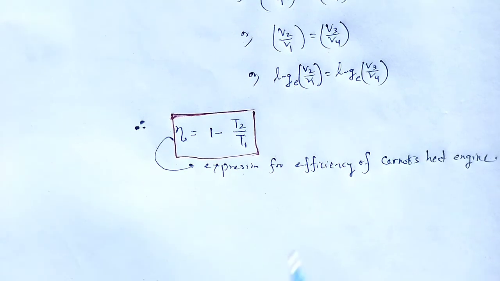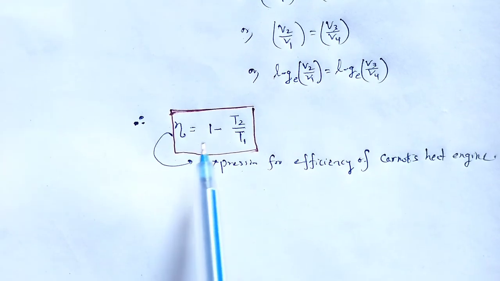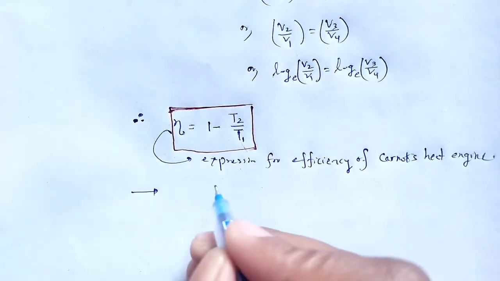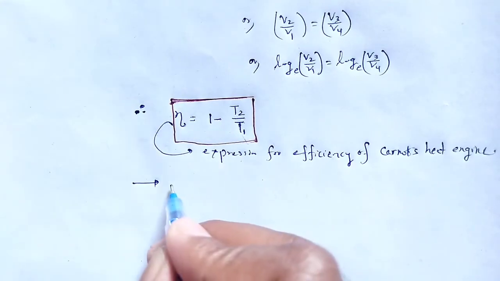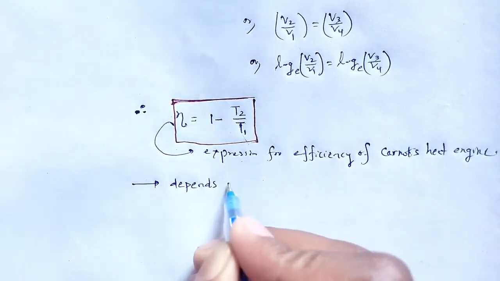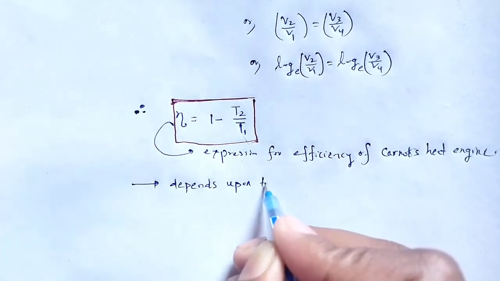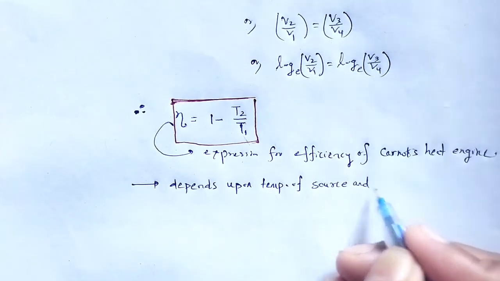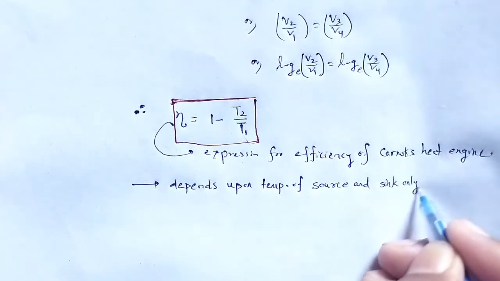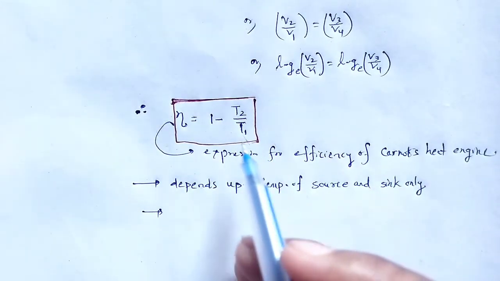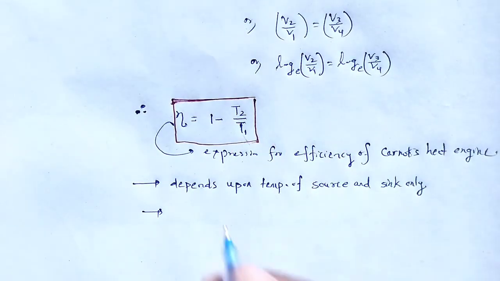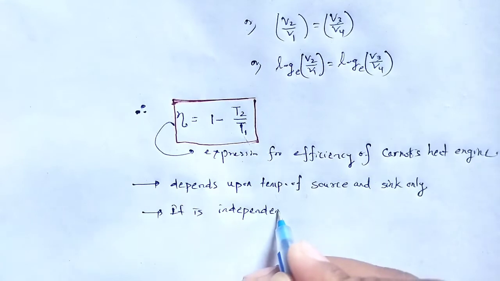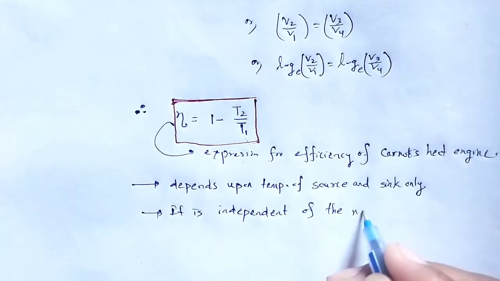From this expression you see that the efficiency depends upon the temperature of the source and sink only, and it is independent of the nature of the working substance.